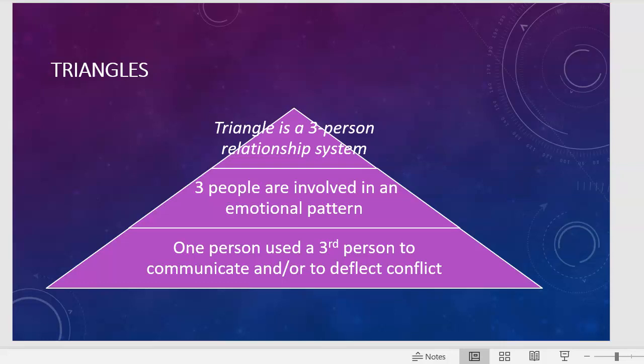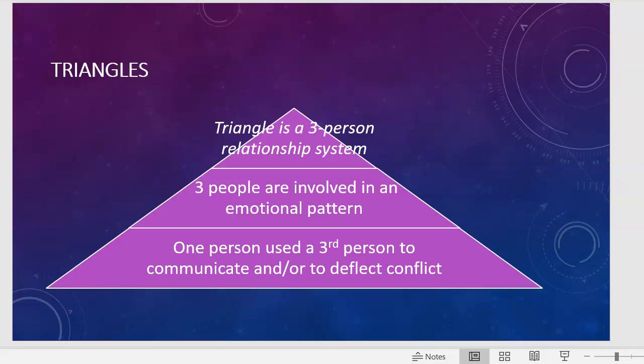Triangulated relationships can also refer to one adult beginning an affair with a person outside the family as a way to deflect or not deal with the conflict that's actually going on between the two partners.